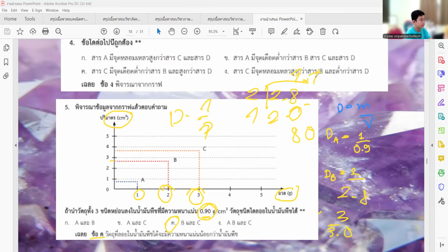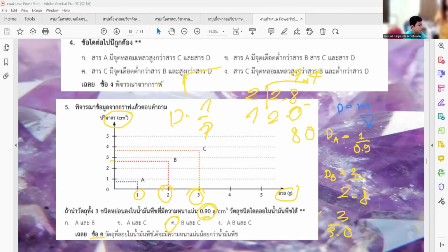1 divided by 0.9 is... multiply by 10 both top and bottom. Why 10? Look at this, how many decimal positions? Only one position.